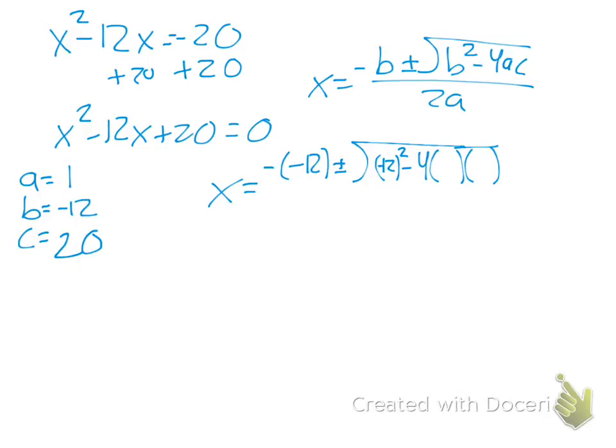A is 1. C, 20. And all of this is over 2 times 1. Is everybody able to fill in where this all went?